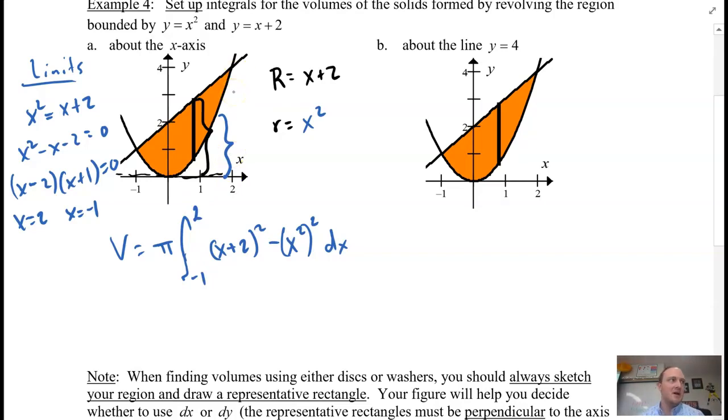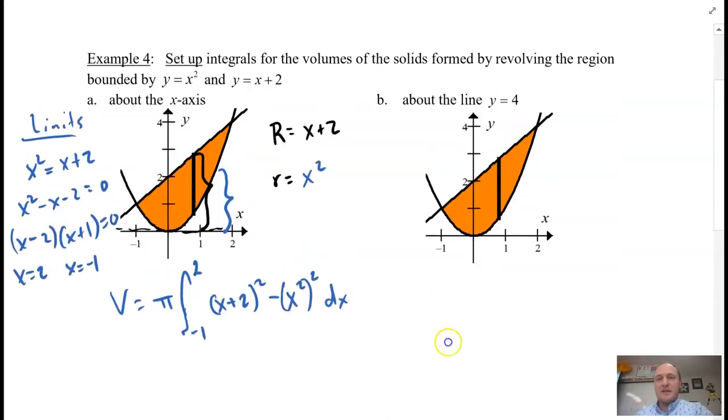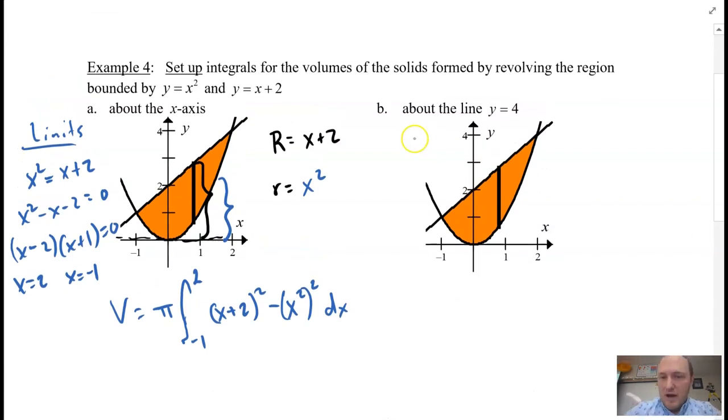All right. Next example. Here now they want us to rotate about the line y equals 4. So here's my rotation. Notice I have this gap in between my line of rotation and my function. So that's what tells me that it's going to be a washer method. And again, we need to ask ourselves, what is our big R?